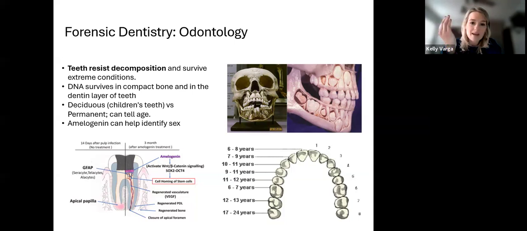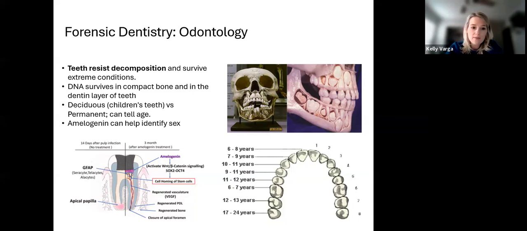They get that nice, beautiful sheen on the outside, but it's very, very resistant to breaking down, even decades and hundreds of millennia later can still be around. So they are extremely resistant to decay, and they can survive extreme conditions. Even if we are talking about things like cremating, sometimes teeth can still survive that as well.